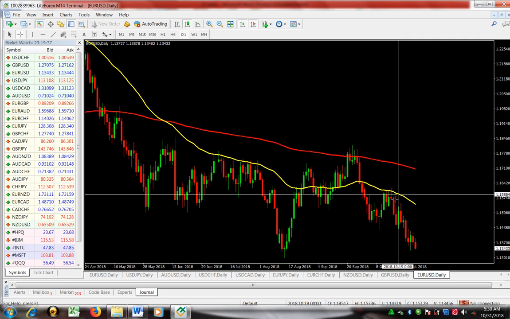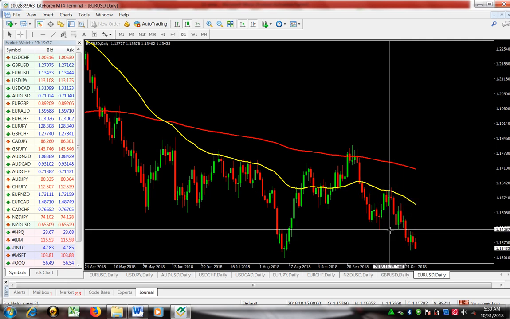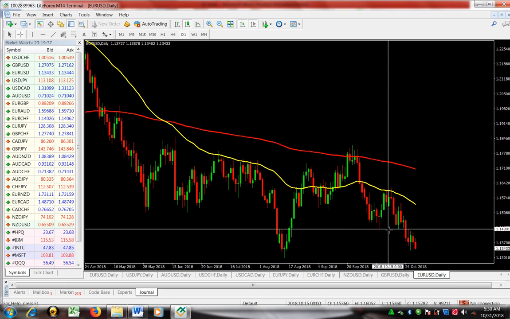Once we enter around resistance, our take profit should be around the next support, because we are trading swing, so we trade from swing to swing. So this is the support. Our take profit is going to be around this support. Precisely, it's going to be above it, like 10 pips above it. So if the support is 1.1430, take profit is going to be 1.1440.